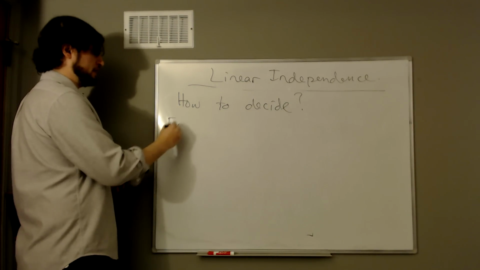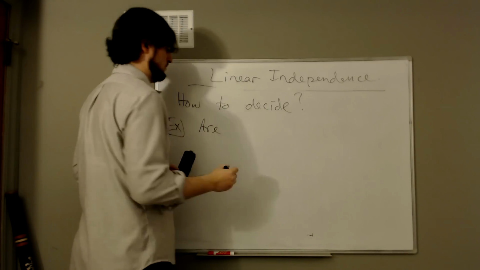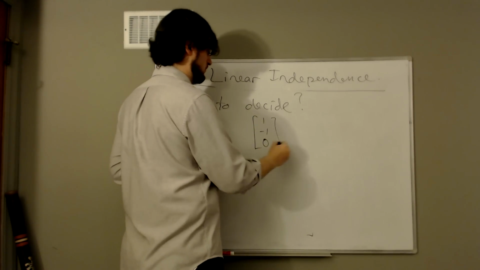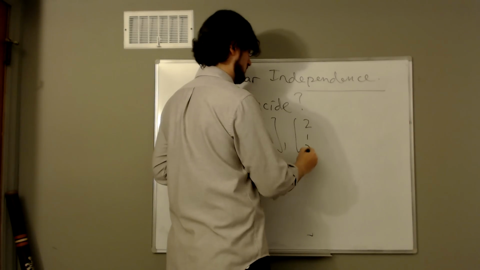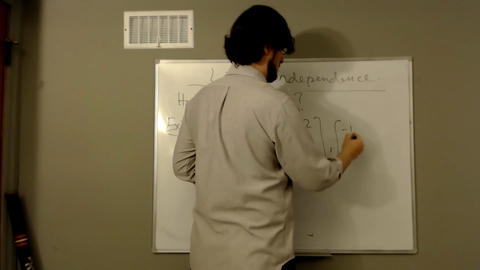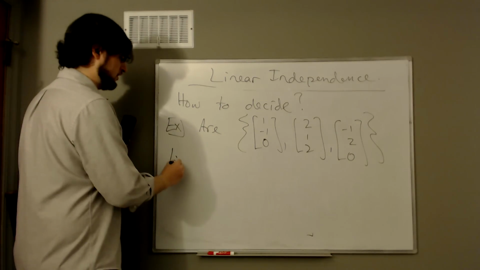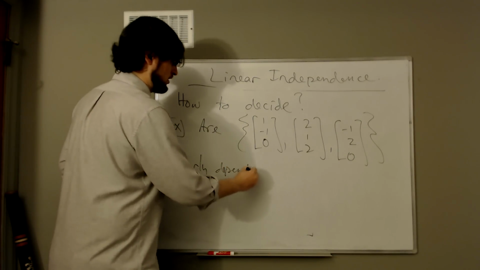Well, let's look at an example. Are these vectors linearly dependent or independent? That's our question.